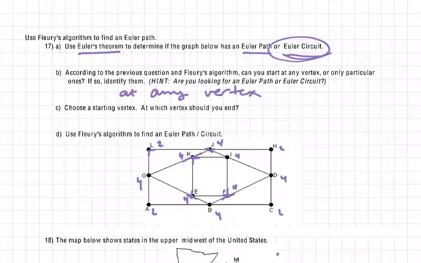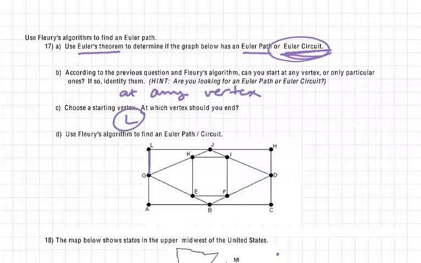If I pick one and I'm going for an Euler circuit, I want to make sure that I end at the same vertex. So let's start at L. Start at L, I want to also end at L. And I want to make sure that I go through every edge exactly once.